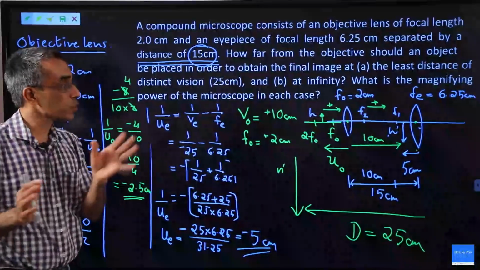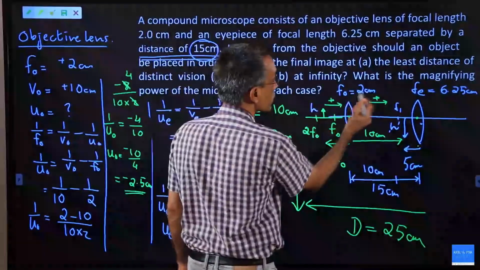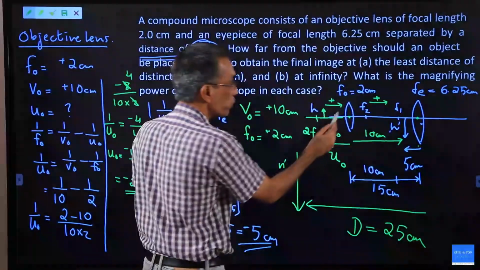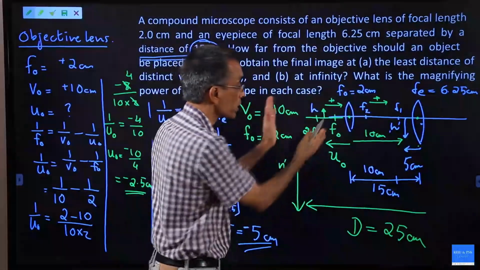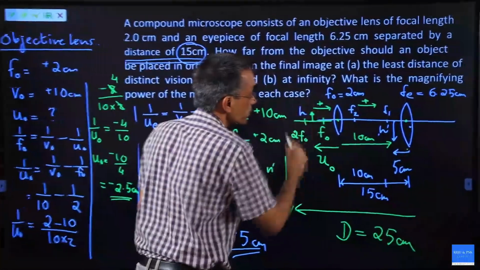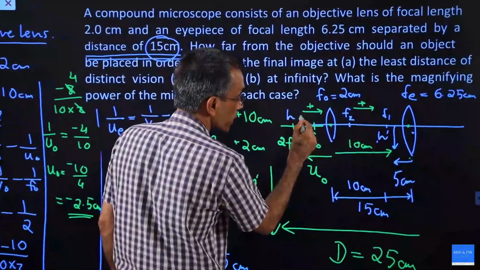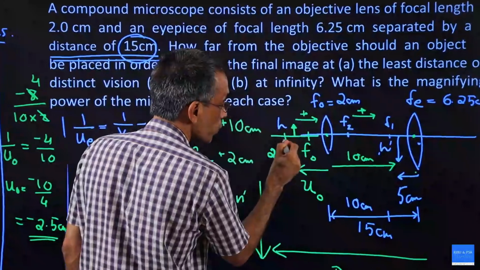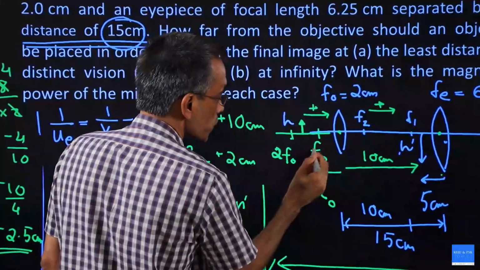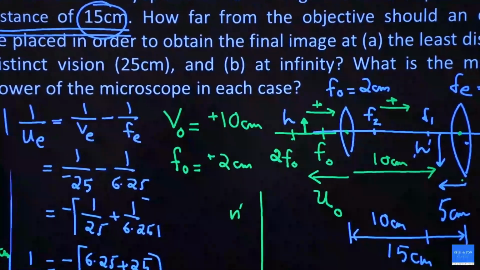And where will this minus 2.5 fall? We know the focal length is 2 centimeter. If you focus here, you know the object must be between FO and 2FO. We know FO is 2.